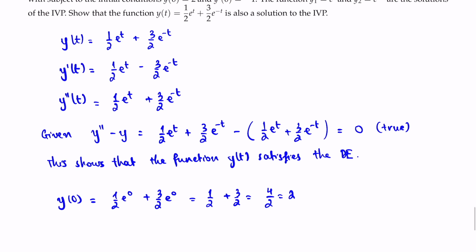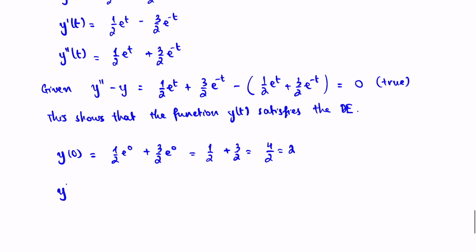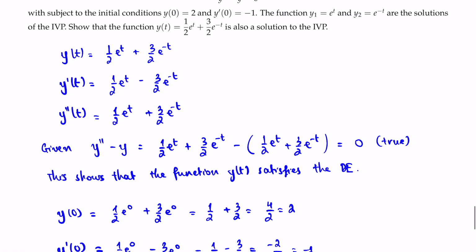So let's see if the function satisfies the second initial condition or not. For y prime of 0, we take this function right here and let t equal 0. So 1/2 e to the 0 minus 3/2 e to the 0. This gives me 1/2 minus 3/2, or -2/2, which is equal to -1. So it's satisfying the second condition as well.